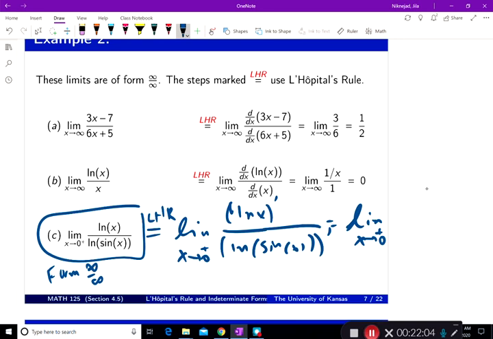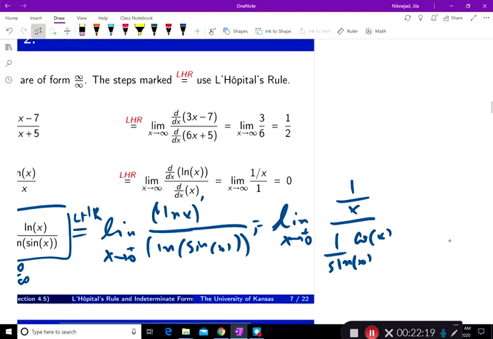The derivative of natural log of x is 1 over x. The derivative of natural log of sine of x is 1 over sine of x times cosine of x, which is the derivative of the inside. Now, at this point, if I plug in 0, I get infinity on top, and infinity on the bottom.